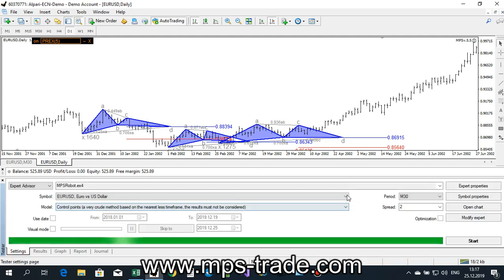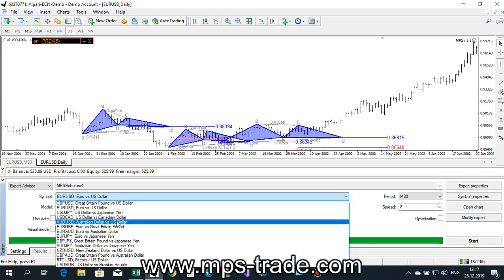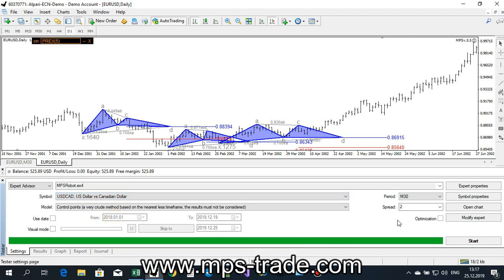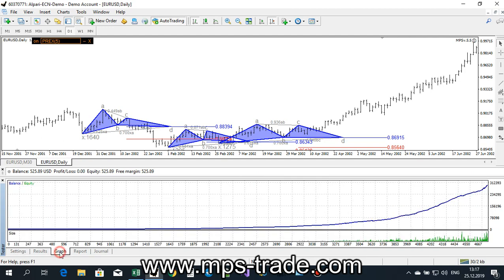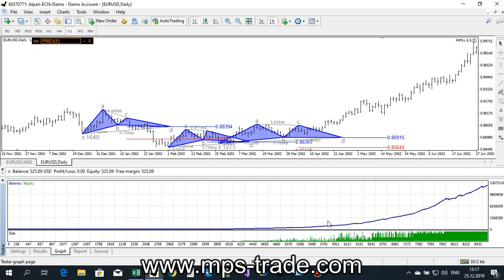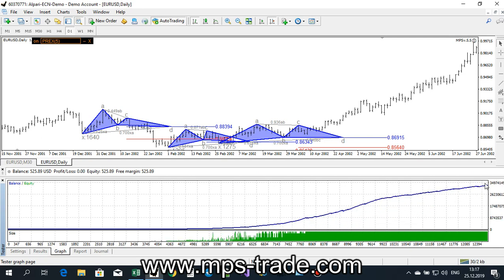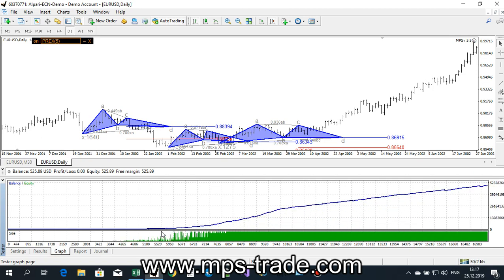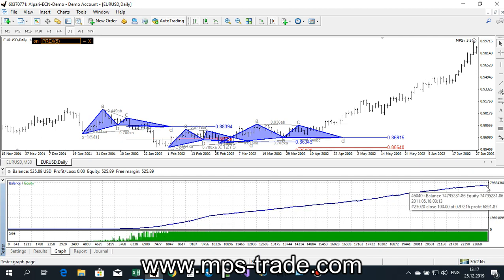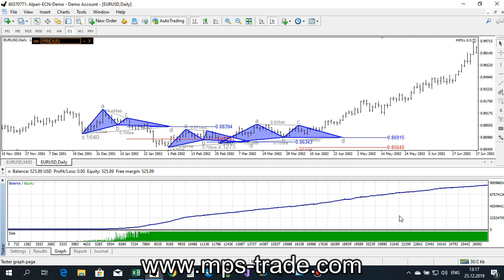And as for other pairs, it works as well. So let's say Australian, maybe Australian. Oh, okay, let it be dollar Canadian. As you can see, it again generates enough money to open maximal lot size positions.